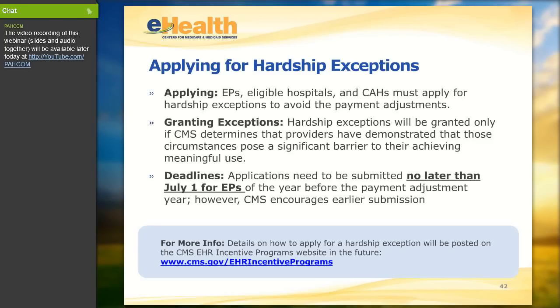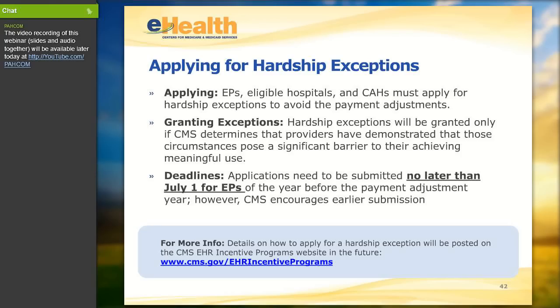There will be an exception for folks who are not able to adopt a 2014 Certified EHR in time to meet the Stage 2 requirements. Some of that will be because a vendor does not have a product ready in time.